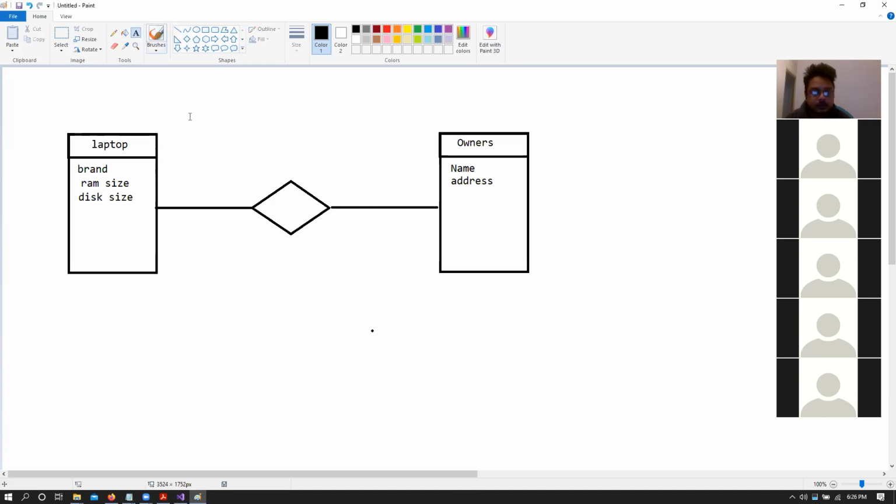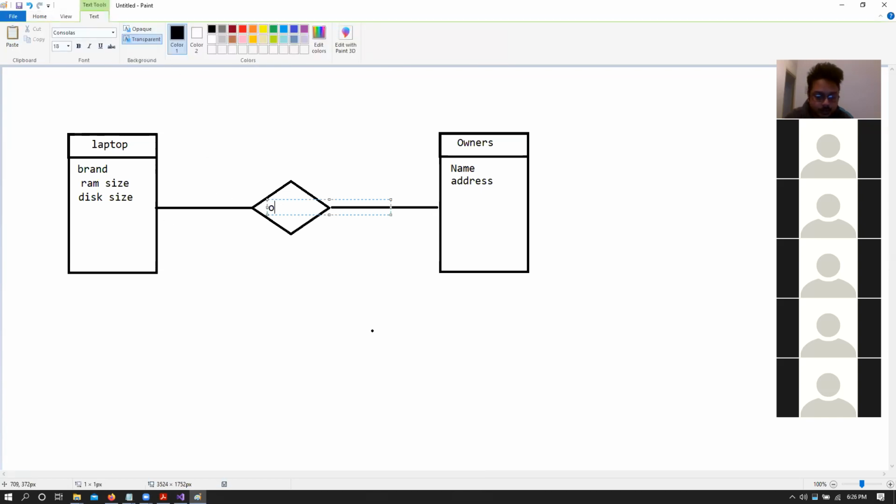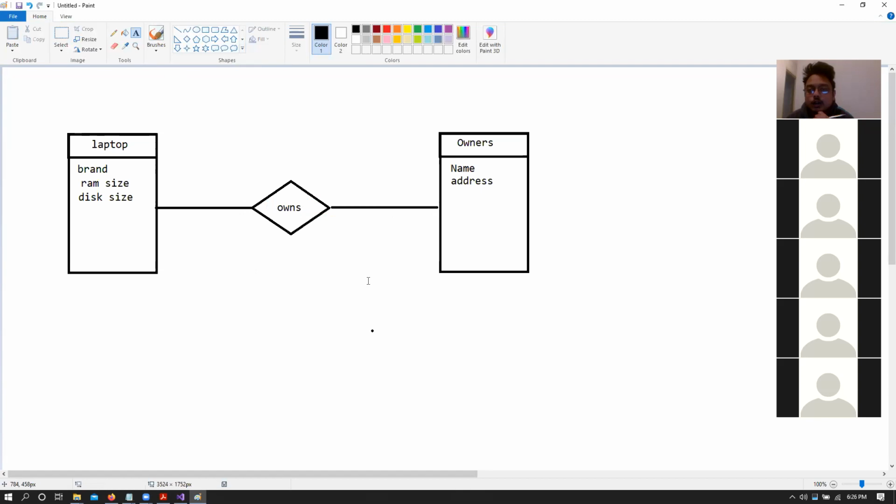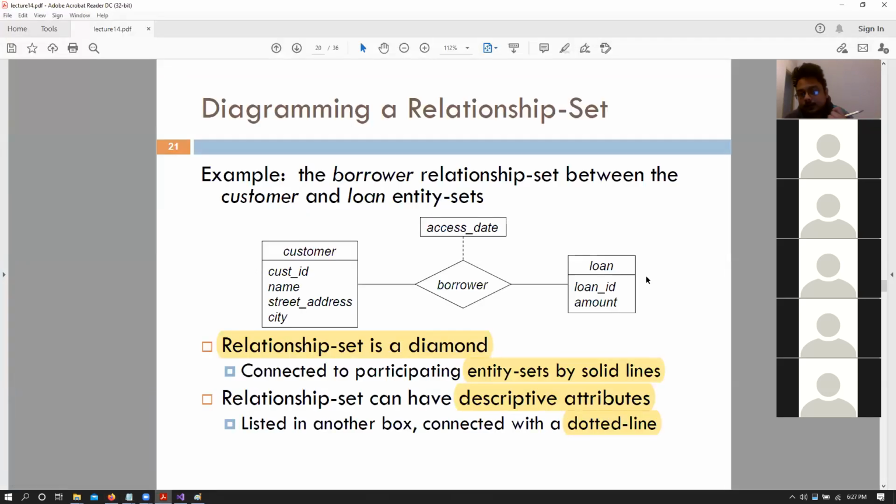That diamond would be the relationship, which is owns, right? So that is the relationship that connects these two tables, and that is how you diagrammatically represent the connection. So customer and loan are connected using this borrower relationship, and the relationship set is represented as a diamond.